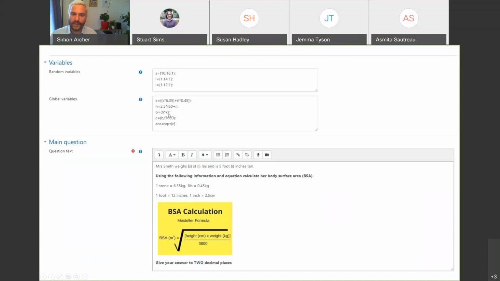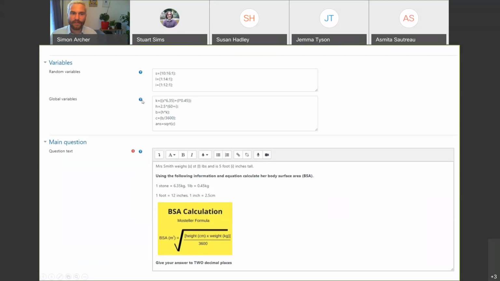I've then done the first part of the equation. This bit here in the box, where I've multiplied the height by the weight, I've done as a separate step to make my life easier so I know how to lay it out. The next step is my B, which is my height times my weight, divided by 3600. Then the last step is to do a square root. So I've used square root here.